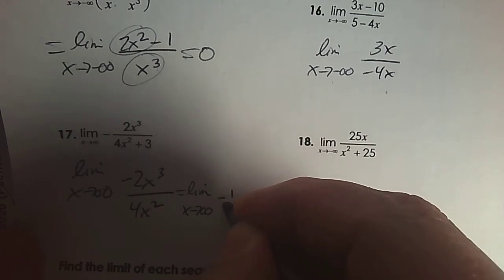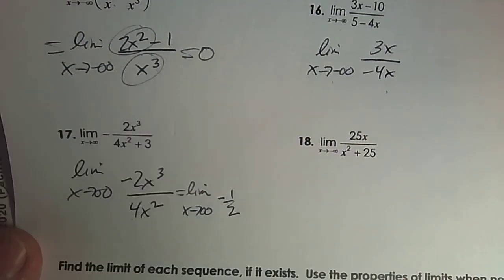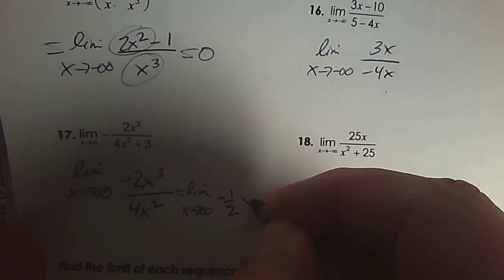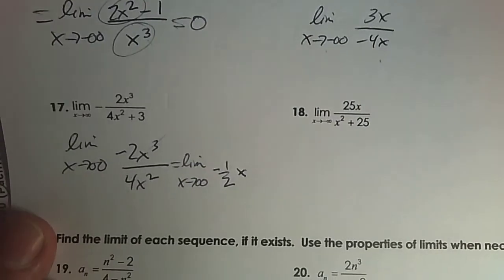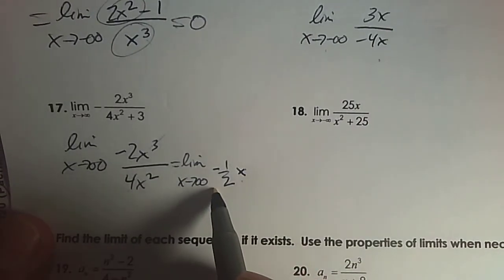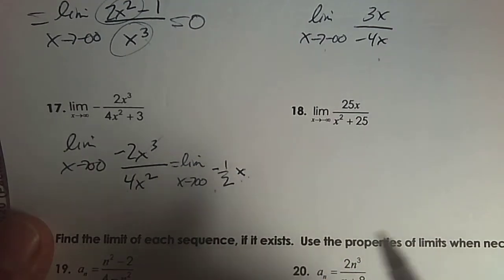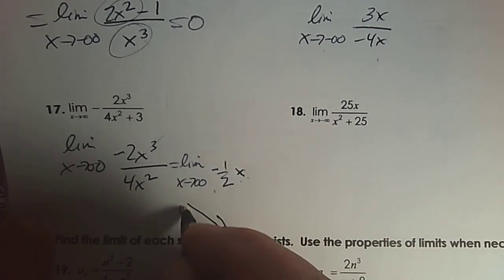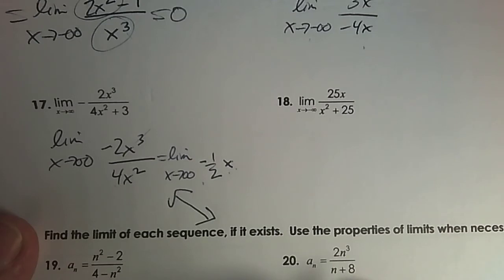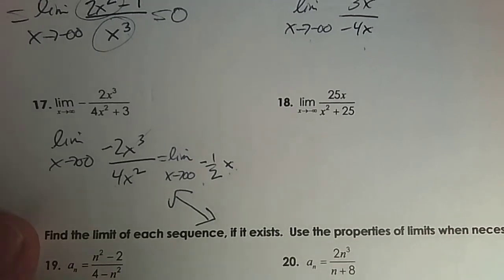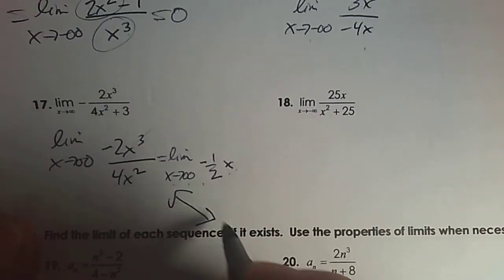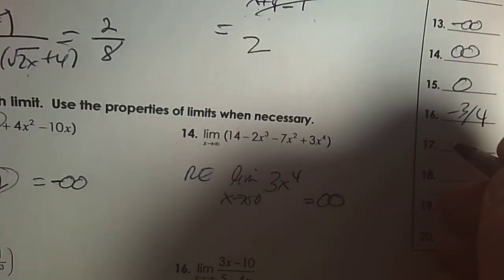So this is -1/2. You can see that. X cubed over x squared just gives me x. So that is a line with a negative slope. What does that mean? Well, the right end goes down and the left end goes up for that line. And which end am I looking at? As x approaches infinity. So the answer is negative infinity.